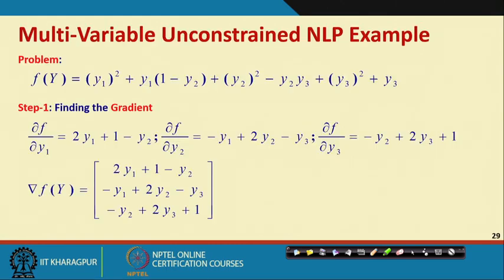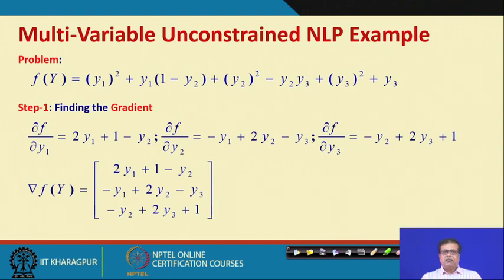Now, in our previous lecture, if you recall, we have seen that for multivariable unconstrained NLP problems, we need to find the gradient. We put the gradient equal to 0, and we also find the Hessian matrix.